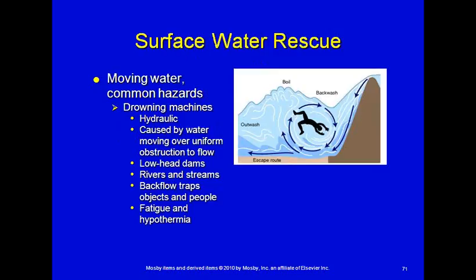Surface water rescue certainly can pose a hazard. You can have moving water, and moving water as it drops over a ledge creates what's called a drowning machine. It's also called a hydraulic.